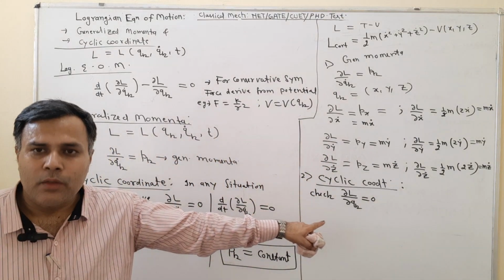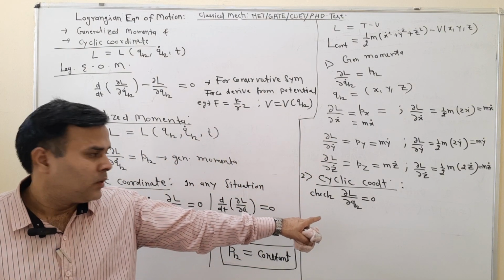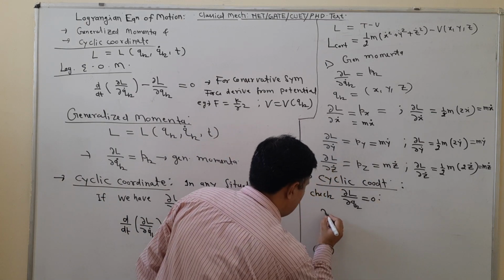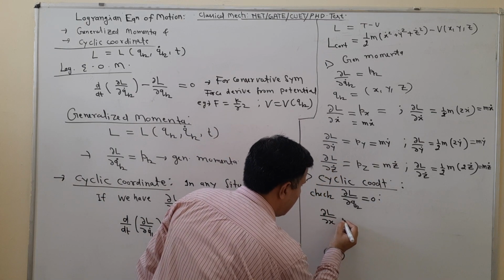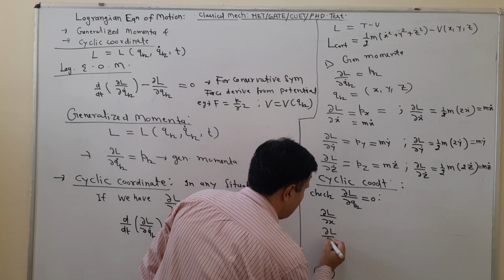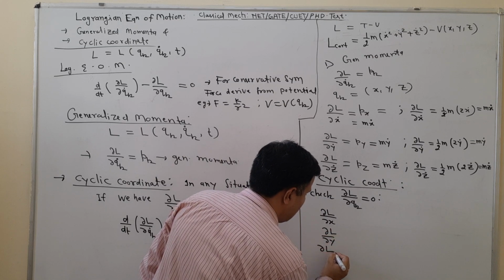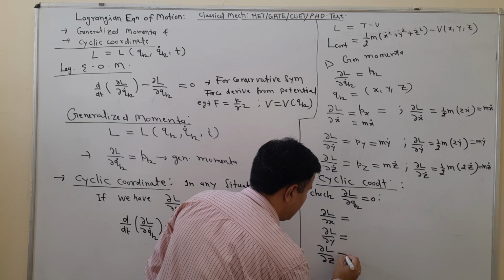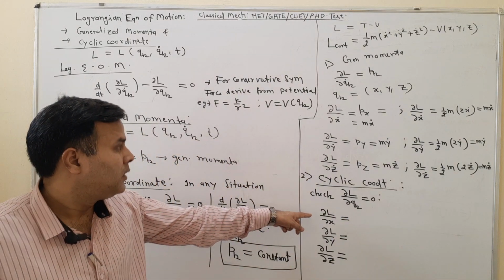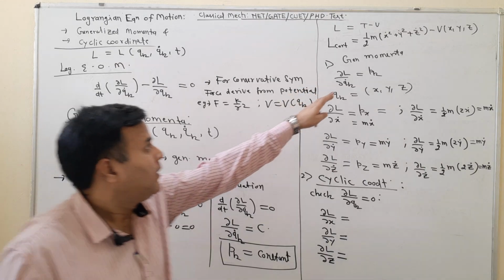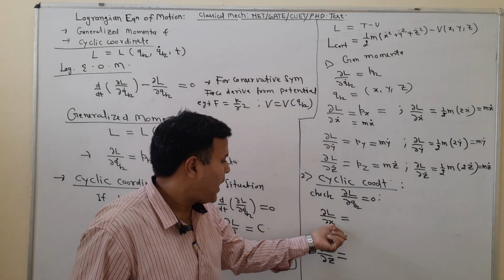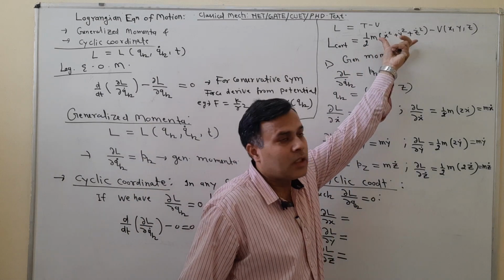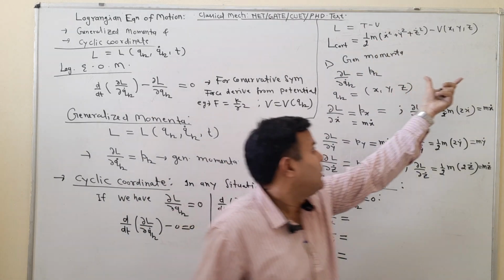So what is del L upon del qk? It means we have to check del L upon del x, del L upon del y and del L upon del z, because our qk is x, y, z. What is our del L upon del x? If you are differentiating with respect to x, this part becomes 0 and we have this part.